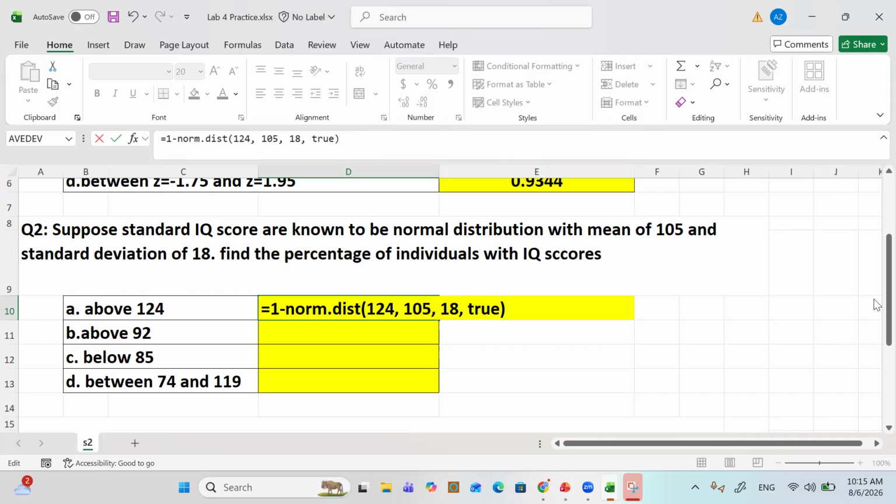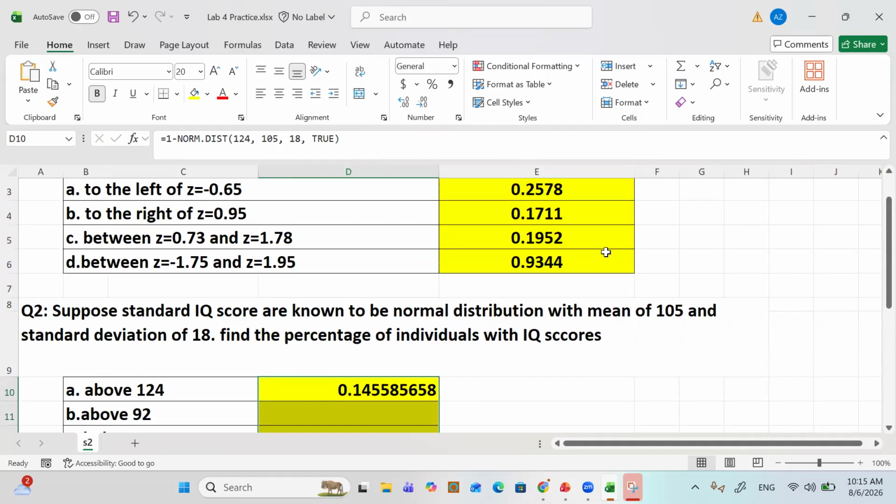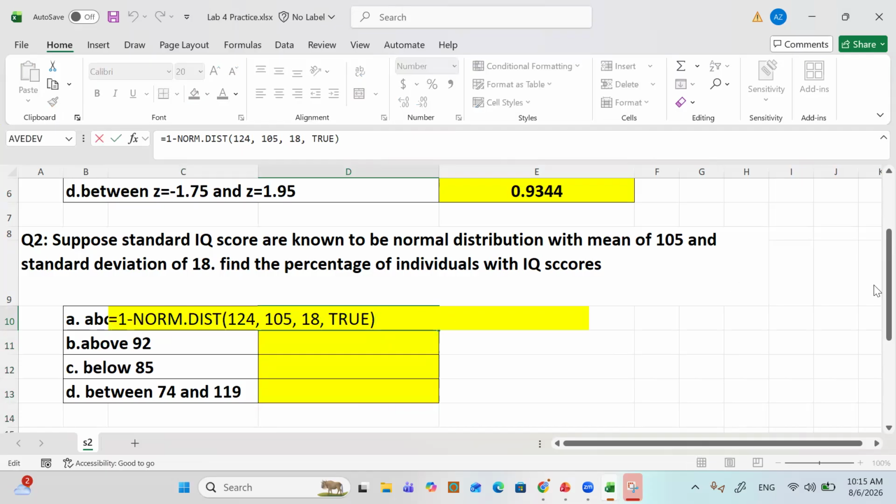Once we do that, we'll get the result. Hit enter. One more time, I'm going to format this. Okay, now you try the second one, about 92.